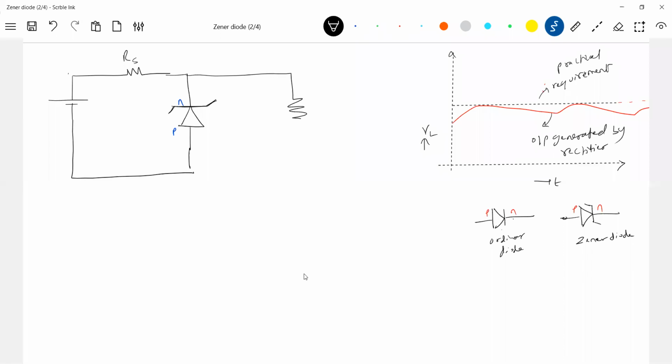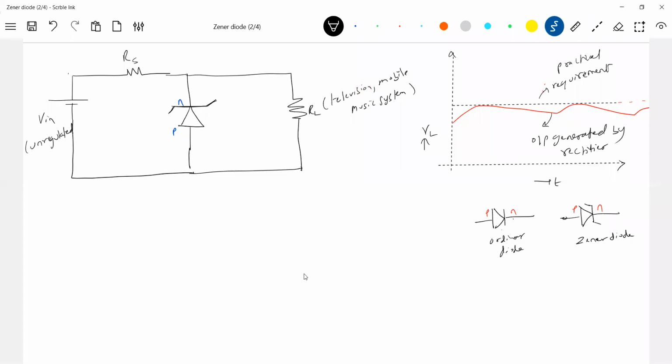This is a load. Now, what is a load? Load is something, your mobile, and this is unregulated, comes from the rectifier. This I'll call Vin. Okay, what is a load? Load can be television, mobile, some music system, anything it is.